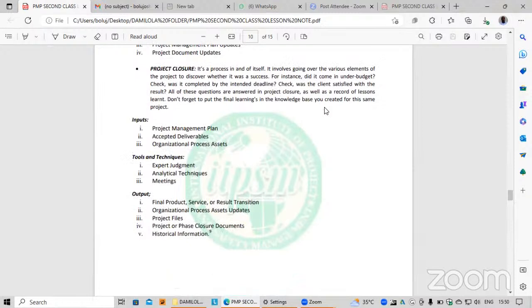And the last of the logical processes under the project integration manager is project closure. I told us that as a project manager, you don't rejoice till the project is signed closed. It is the project integration manager and the sponsor of the project that will sign the closure of that project.